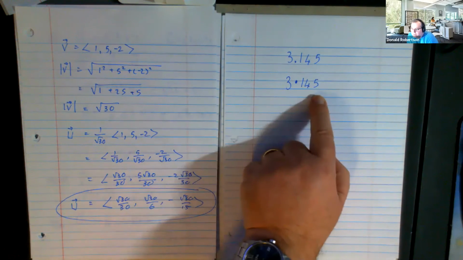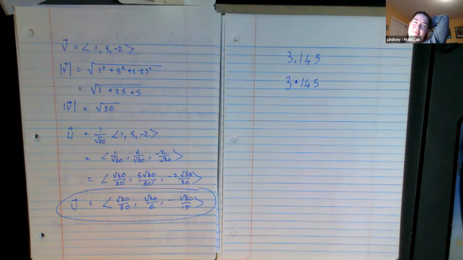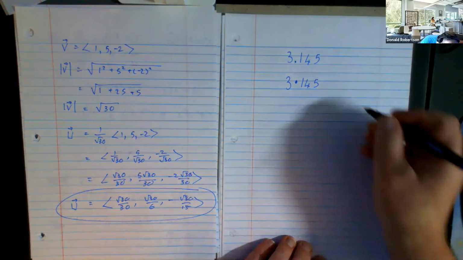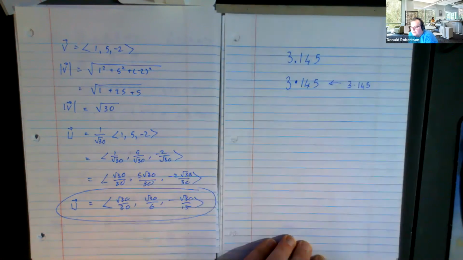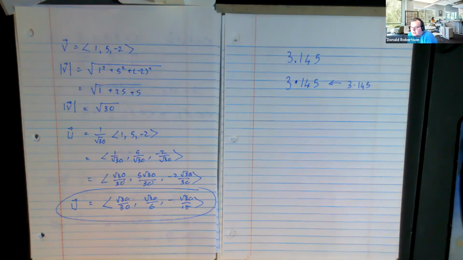And what have I written here? 3 times 145. No, you haven't. In Britain, decimal points go in the middle. So if a British mathematician looked at that, he would be thinking you had just written down 3.145, and he would get really confused because he would wonder, where the heck did that decimal come from? That's a multiplication. Can you see how you can screw up communication even simply with decimals?